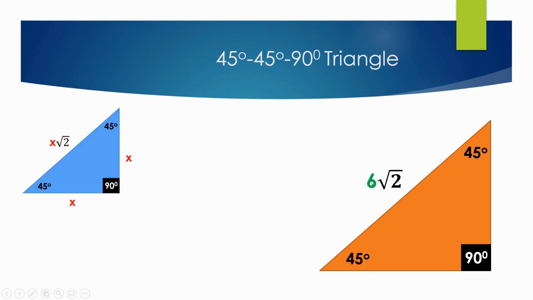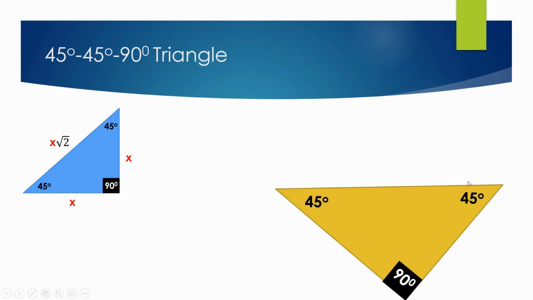Since you multiply 6 to the square root of 2, that would mean the number that you multiply to the square root of 2 will be the value of your legs. That would mean 6 will be the measurement of each leg. They are identical. As a review, in a 45, 45, 90-degree triangle, the legs have equal measurement. And that is for the first type of triangle.